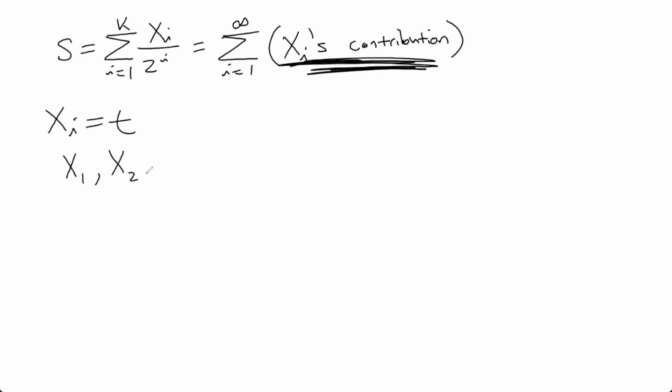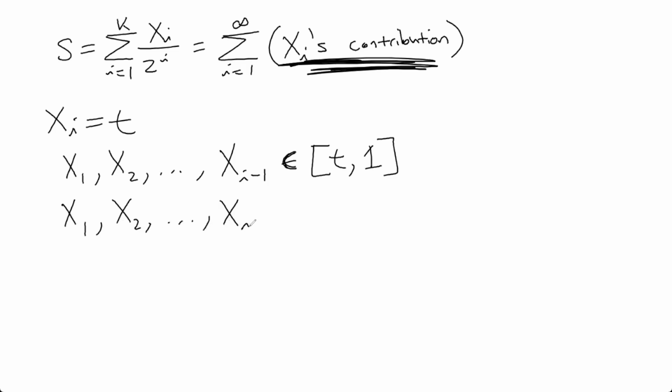What needs to happen is that x sub 1 up to x sub i minus 1 needs to all be bigger than t. So they all need to be elements of this interval from t to 1. And furthermore, x sub 1 up to x sub i minus 1 needs to be a decreasing sequence. So these are two things that I need. And it is precisely when I have these two things that x sub i will contribute a non-zero amount.